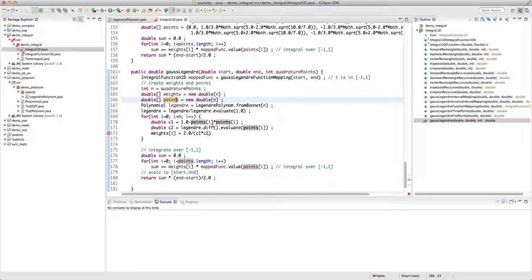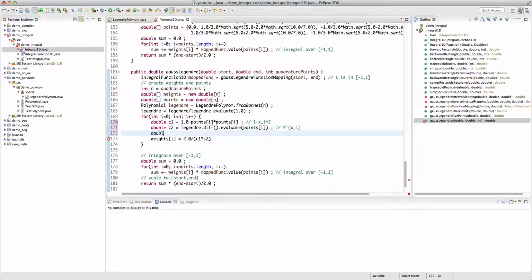In the points, 1 minus point I, so 1 minus xi squared, 1 minus xi squared, and here I'm calculating p prime order n, p prime at xi, and I have to square it. So let's call this double C3, C2 times C2, and here we put C3 as the weight. All right, so that's it.